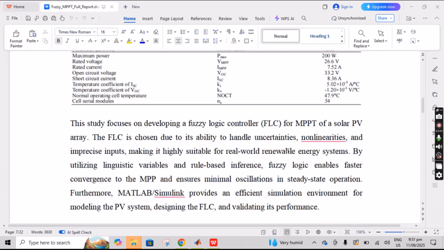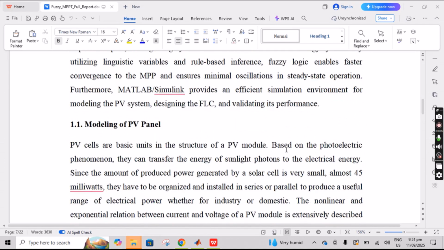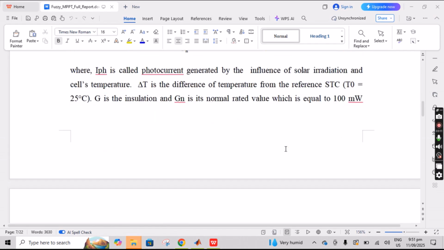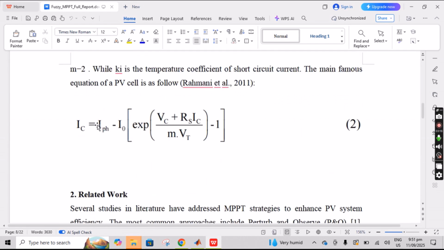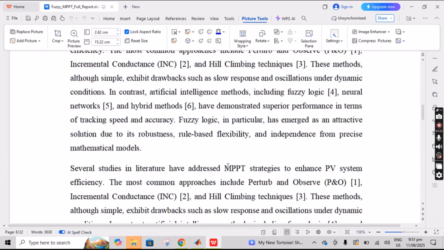I have explained everything in this report based on the modeling of PV panels and fuzzy logic, and these are the equations I have used for different temperature levels. These are for calculating the charge and current on the PV cells.